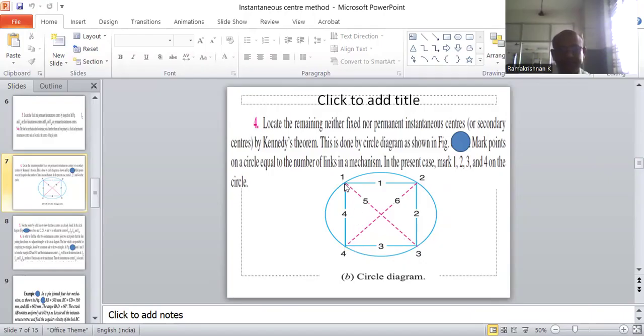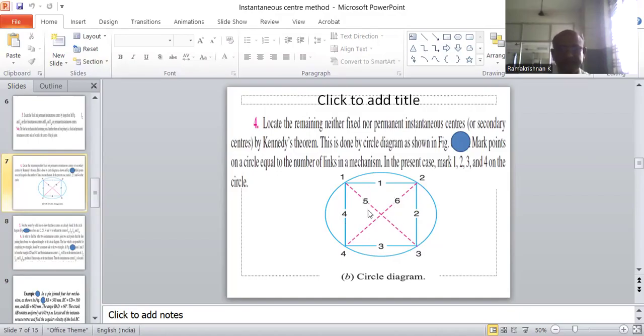So the line 1, 3 is a common side for the 2 triangles 1, 2, 3 and 1, 3, 4. Here we can easily see the I13 instantaneous center is located at the junction of the 2 pairs of instantaneous centers I12, I23 and I23, I14.